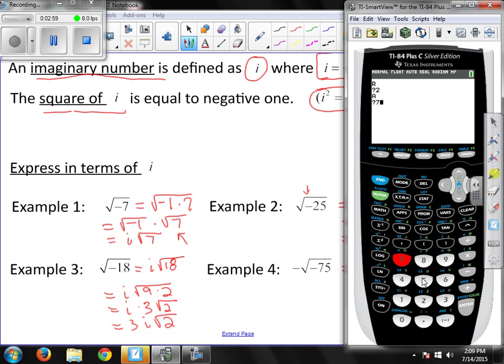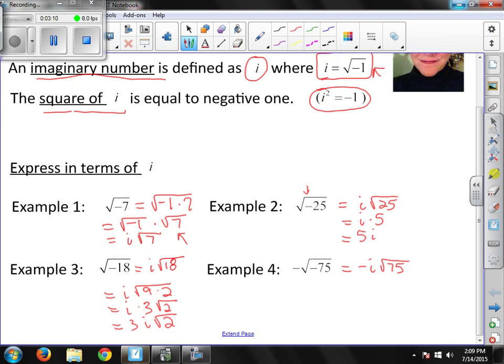The A is 75. Enter. This is a program that lets me simplify radicals, which is 5i times the square root of 3. And remember, we said our negative sign is going to tag along.